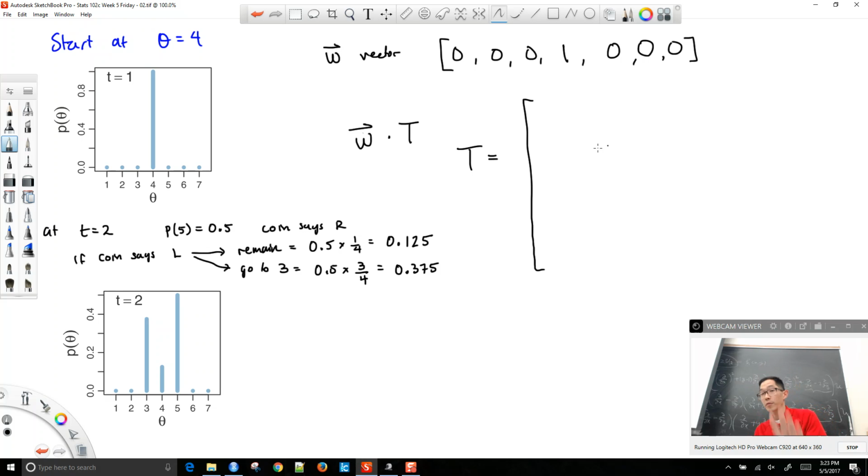For now, let's just focus on the column for the 4 here, the 4th column, because really that's the only column that matters, right? So I multiply this by, let me just think.